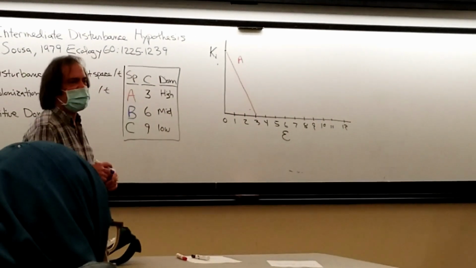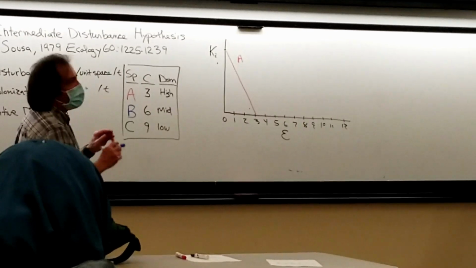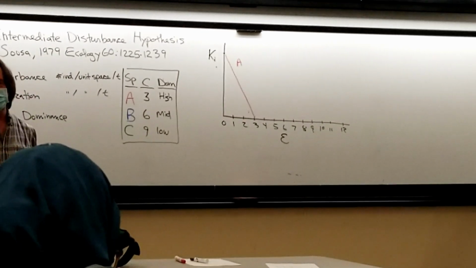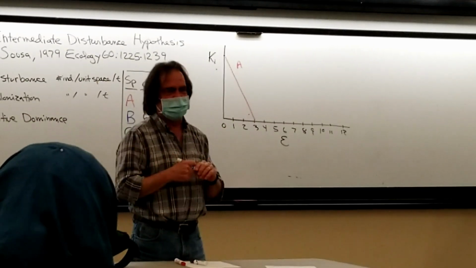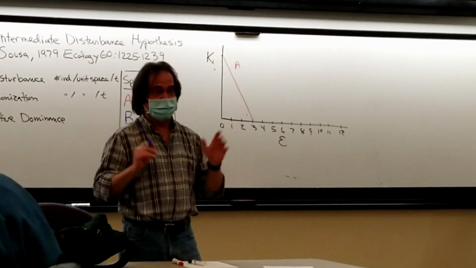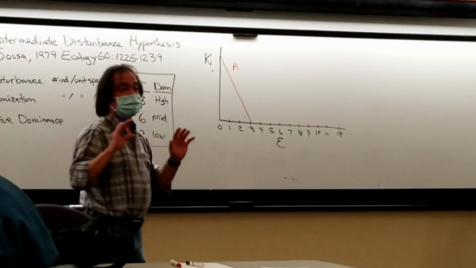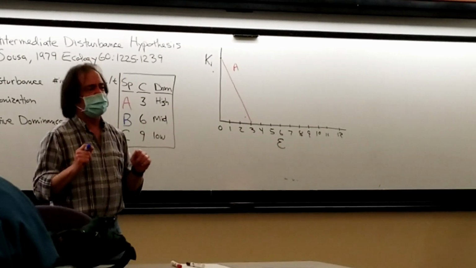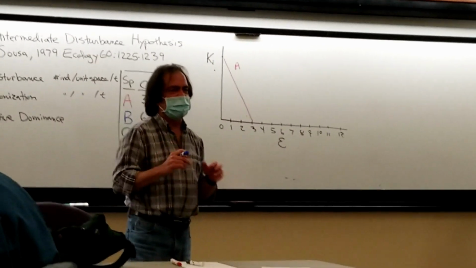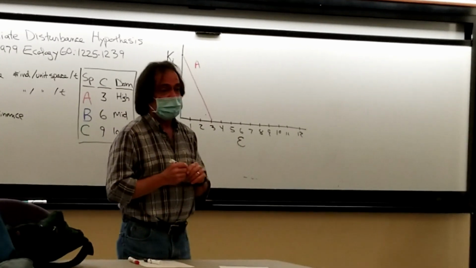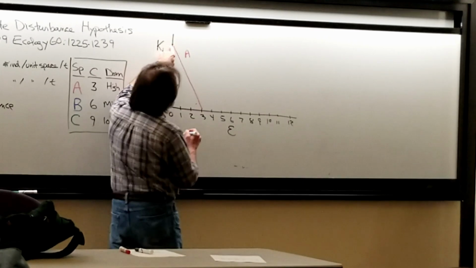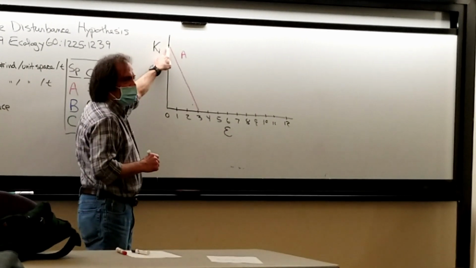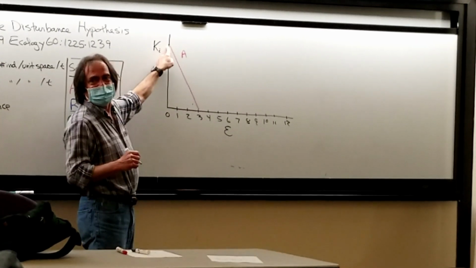So now let's do the same thing with B. In the absence of competition, and I'm gonna dot this, so don't make a hard line, but I wanna put in a reference line first and then we'll fix it. What would be B's relationship with disturbance? In the absence of disturbance, B should be how high? To its carrying capacity, this high.